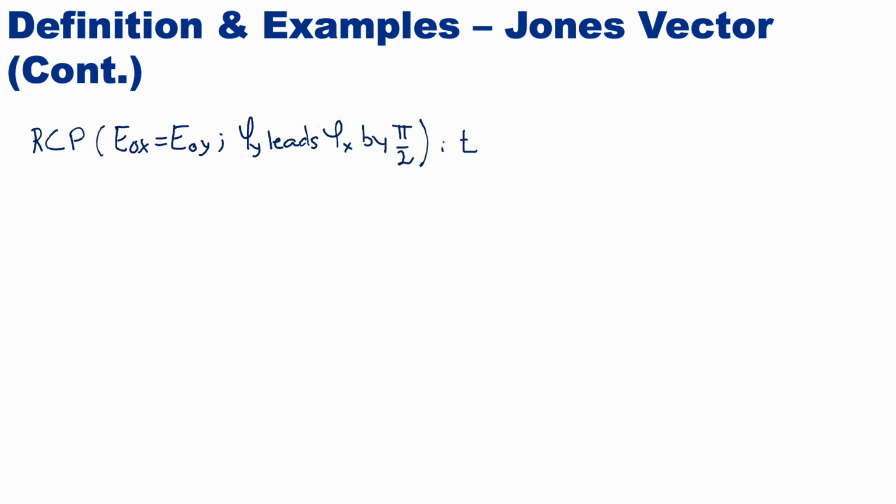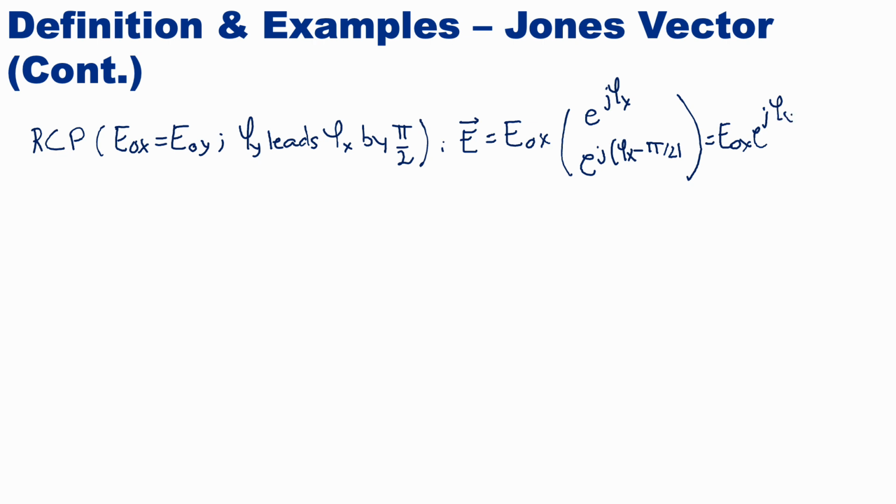So that means that our electric field is going to be, we say that we have originally the same phase, phi x, and here it's going to be the phase of the x component minus 90 degrees in radians. We can definitely take outside the phase as a common factor.